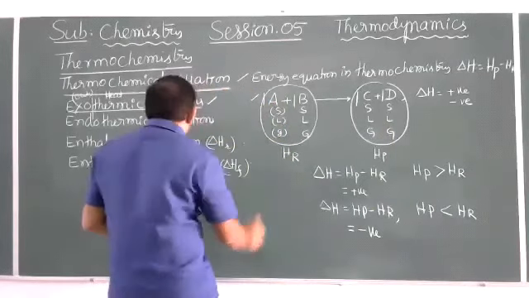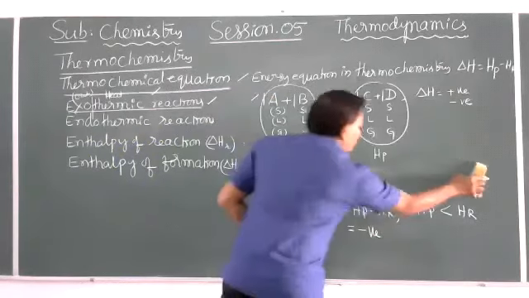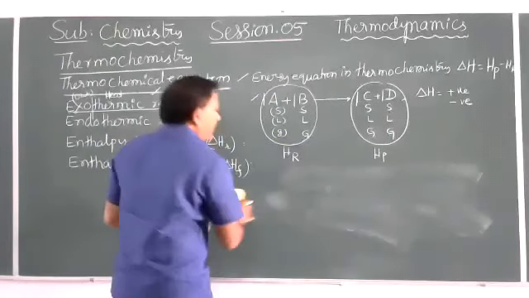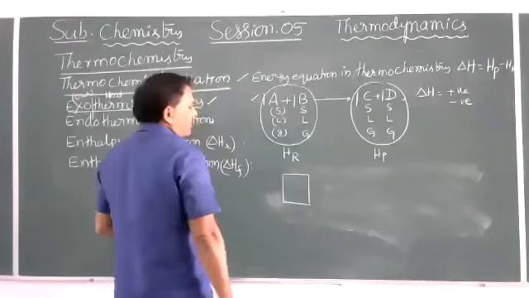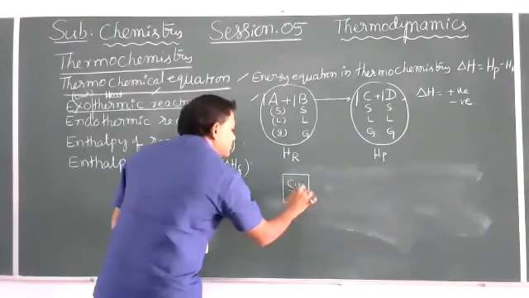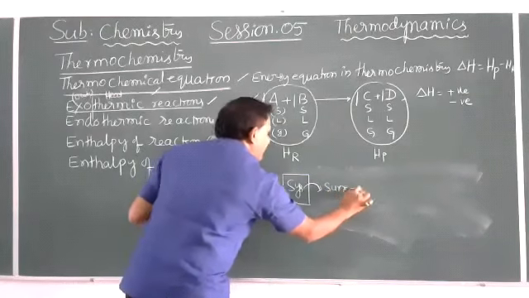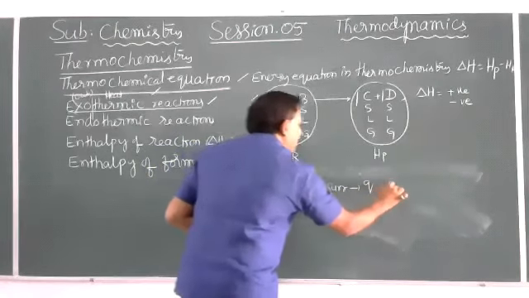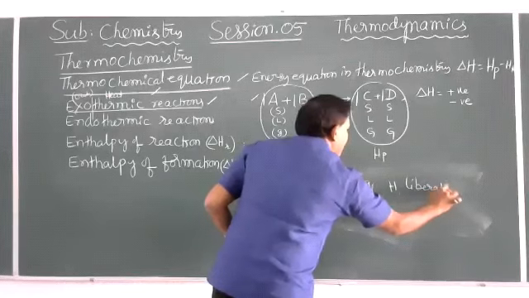Now, this is a system. From the system to the surroundings, the amount of heat, Q or H, is liberated.